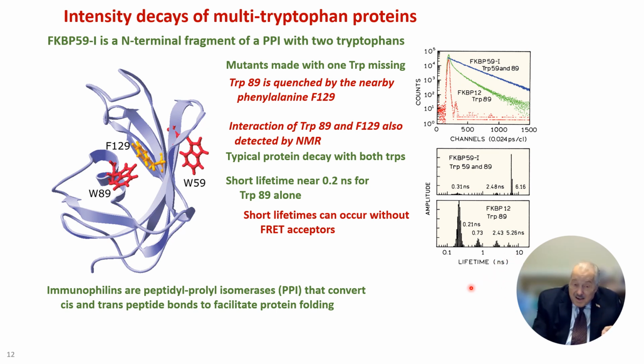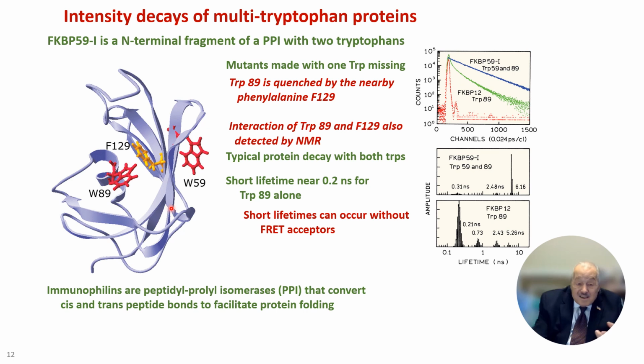So it's not only a heme group, it's not only an energy transfer acceptor that can cause a short decay time. There are certain features in protein structures that can quench the tryptophans, and I don't know if the mechanism of this has been worked out, but I was very surprised to see that a nearby phenylalanine, which is nonpolar, is able to quench the tryptophan.